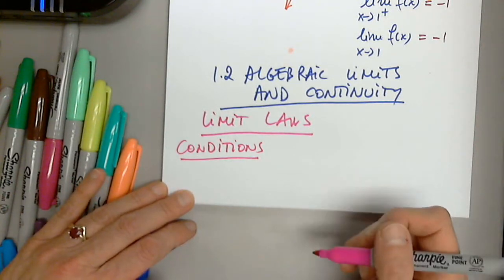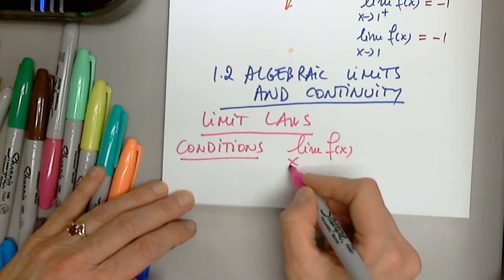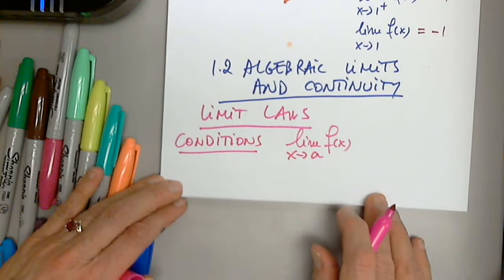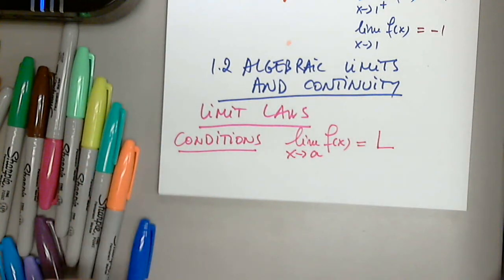Here is the first: the limit of f of x as x approaches a exists, which means I say it equals L. When we write equals L, we mean it's a number, it exists, it's not infinity, it's not DNE. So all it says here is that the limit from the left and the limit from the right are both the same, and the limit exists.